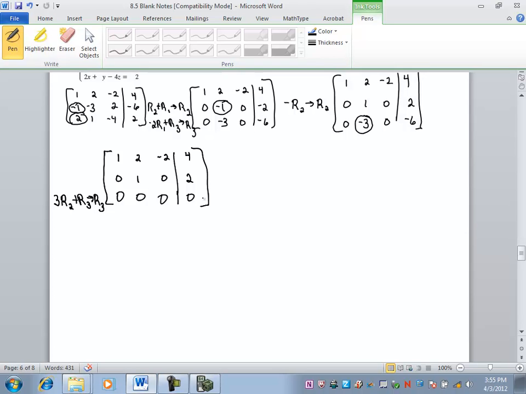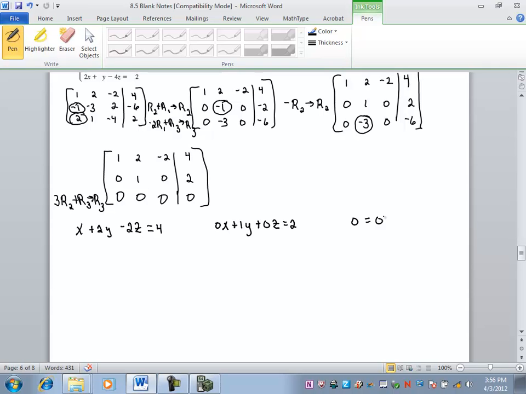Now, we talked a little bit ago about rows of all zeros appearing on the bottom. And that doesn't tell me a whole lot. So the first equation tells me that 1x plus 2y minus 2z equals 4. The second equation tells me that 0x plus 1y plus 0z equals 2, and the bottom equation, real exciting, tells me 0 equals 0.